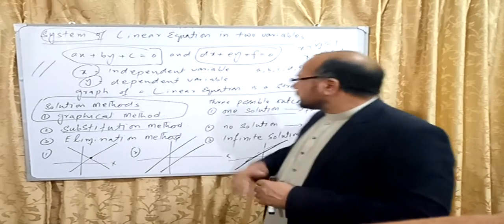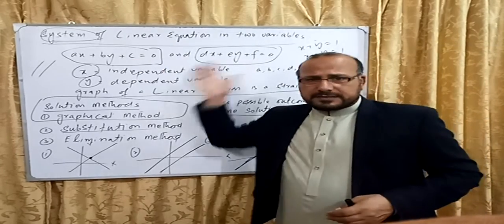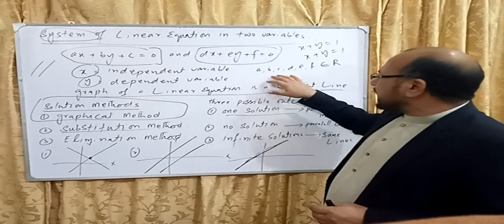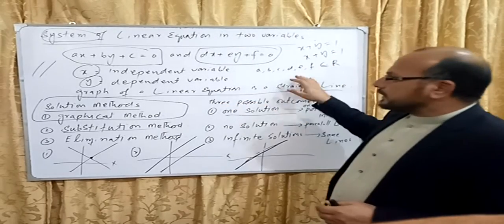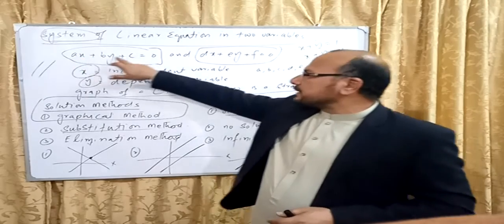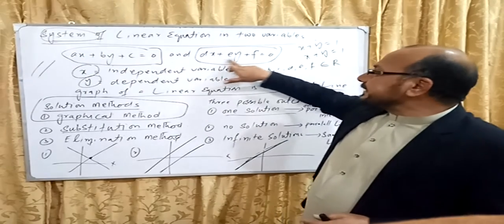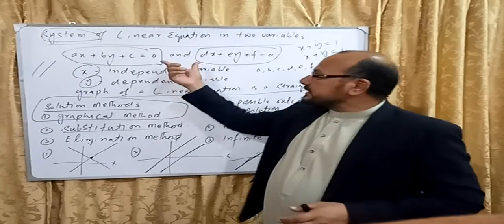Y depends on x. And a, b, c, d, e, f are numbers which belong to the set of real numbers. That is why you need to understand that this pair of equations is called a system of linear equations.